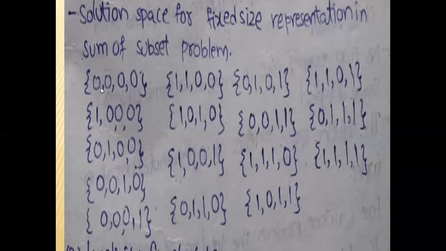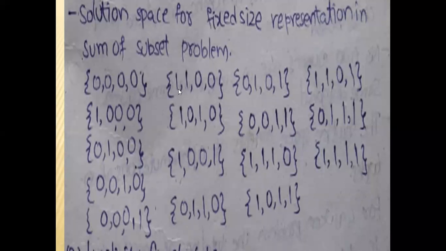For example, here 0 0 0 0 means no element is considered in the sum. 1 0 0 0 means only the first element is considered in the sum. 0 1 0 0 means only the second element, 0 0 1 0 means the third element, and 0 0 0 1 means the fourth element is considered.